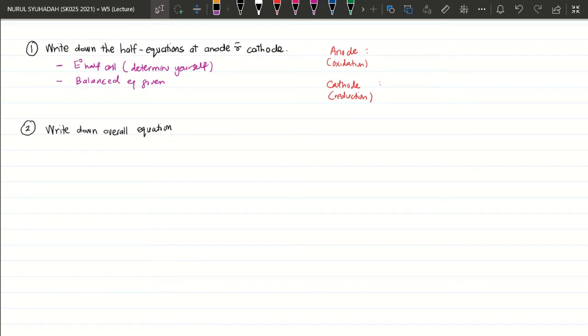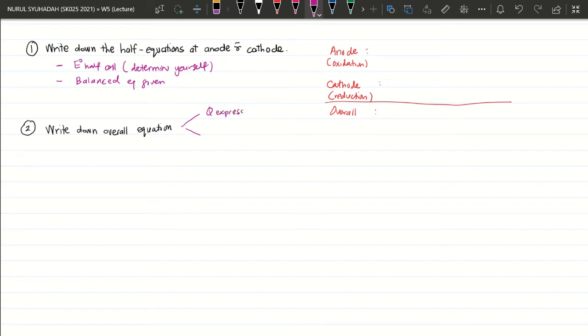So step number 2, write down the overall equation. From here, you have already written down your anode and cathode half equations, so you will have your overall equation. How do you write down the overall equation? You need to make sure that you cancel out the electrons. The number of electrons must be the same. Why is the second step, writing down the overall equation, very important? Because from the overall equation, there are two things that you need to determine. First is your Q expression.